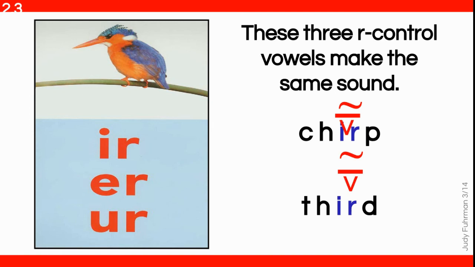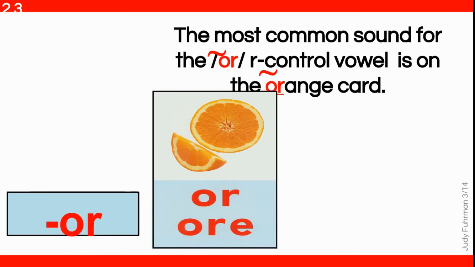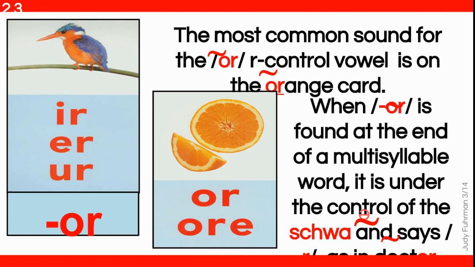And we have the symbol here for the vowel. That should be underlined, the underline under the I on those, and then it has the little symbol for the R control that should go below it, like this last one here. Now we have the orange card, and the most common sound for the R control vowel is on the orange card.